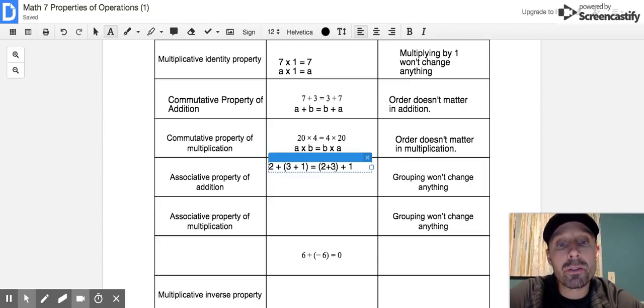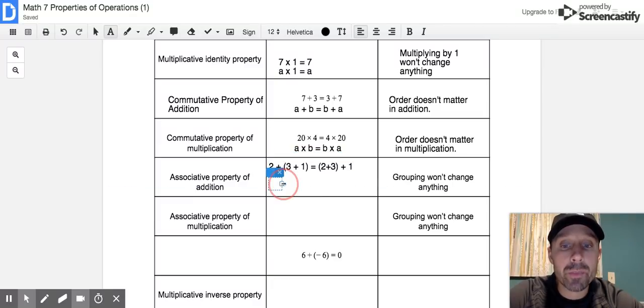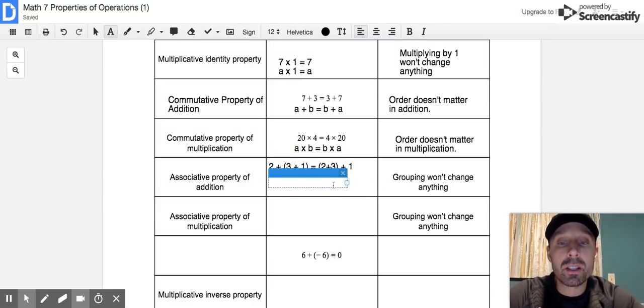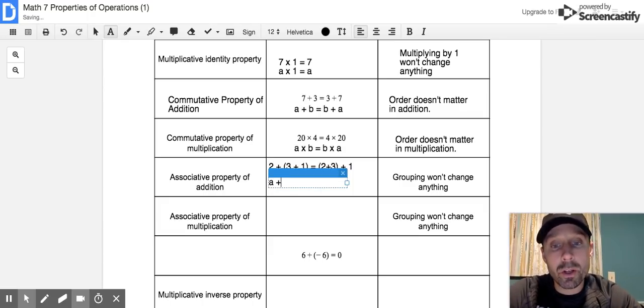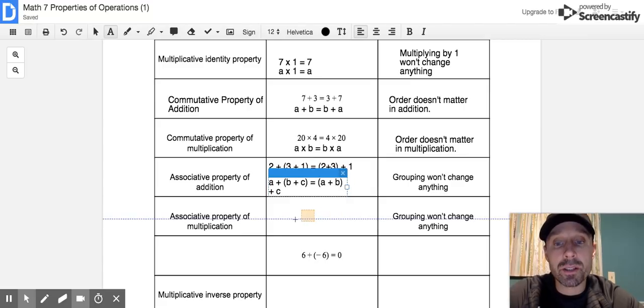On the right side, we have 2, 3, and 1. It just varies because the parentheses is around the 3 and the 1 on the left side, and it's around the 2 and the 3 on the right side. This can also be seen for variables. A plus B plus C equals A plus B plus C on the outside.